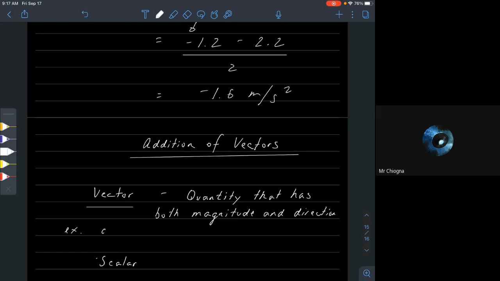The easiest one is displacement, right? Displacement is like distance. You could think of it as distance with a direction. So each of these, most of them, have their synonymous scalar or analogous scalar.